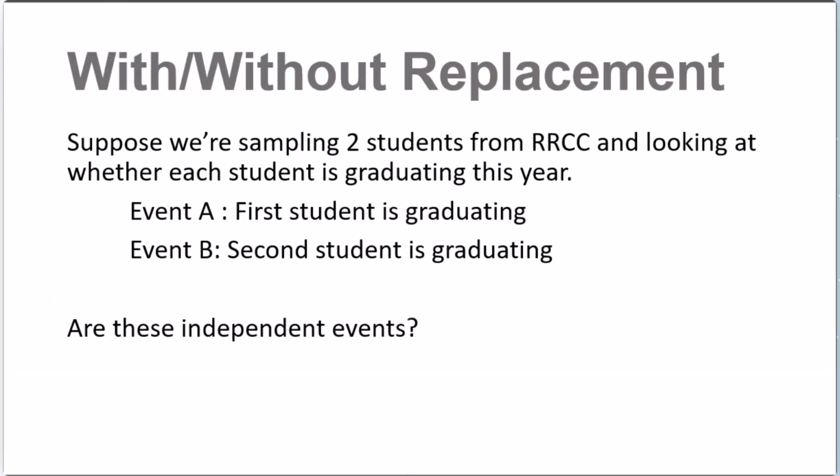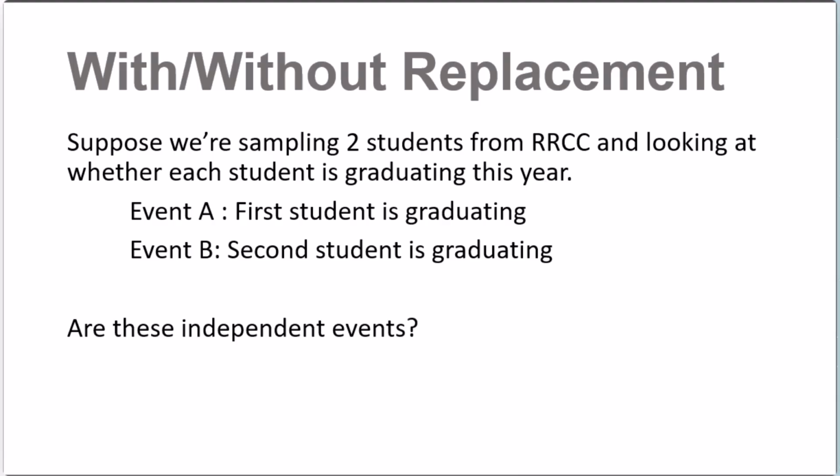The independent versus dependent case that we see a lot of in statistics involves sampling with or without replacement. So I have a scenario here. Suppose we're sampling 2 students from all of the Red Rocks Community College students and looking at whether each student is graduating this year. So I have 2 events: the first student graduating and the second student graduating.